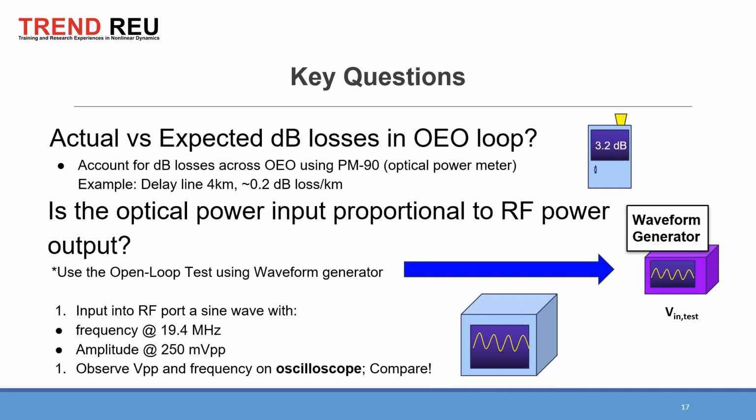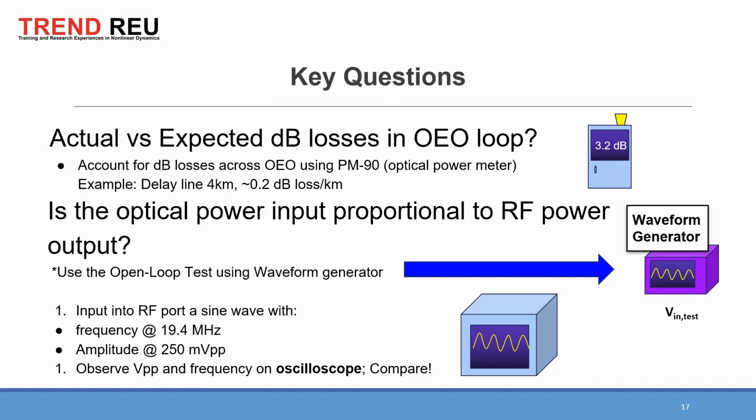The next question is also, is the optical power input proportional to the RF power output? In this case, we used an open loop test using a waveform generator to input the RF signal into the MZM. So we know the frequency as being 19.4 megahertz and the amplitude of 250 millivolts peak to peak.